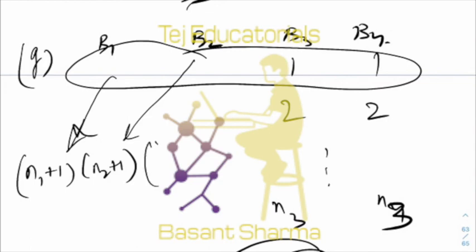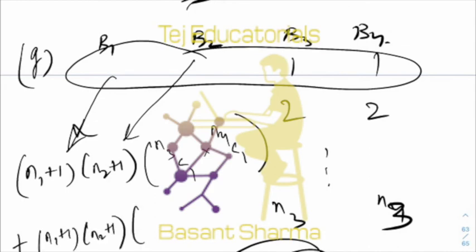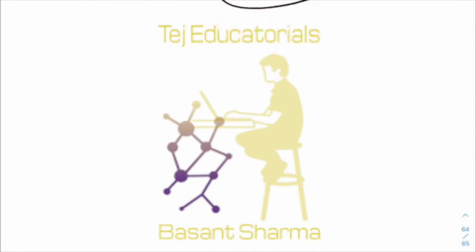So what are the number of ways? n3 c1, and one object from B4, so you have n4 c1. Similarly, for case 2, you have n1 plus 1 into n2 plus 1, and you have n3 c2 into n4 c2.